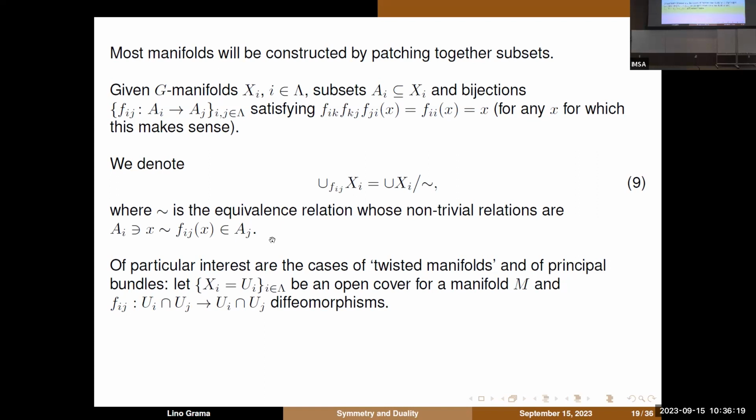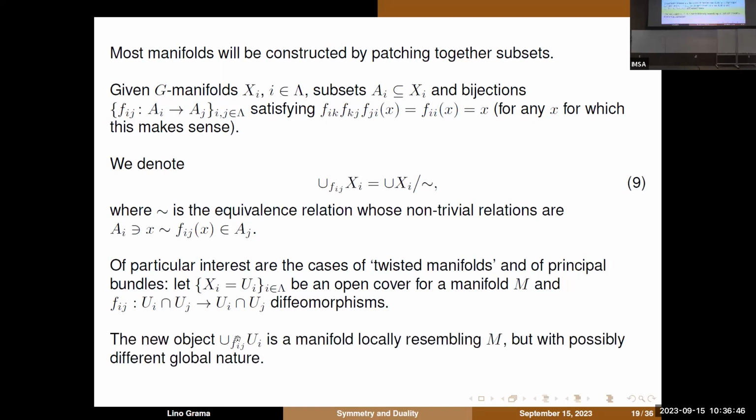We can pick this manifold covered by the open sets of the structure bundle, satisfying the cocycle relation of the bundle. We build the bundle, but not by gluing with the transition function of the bundle; we put some twist in this function.